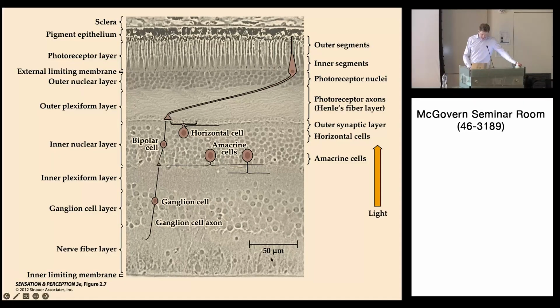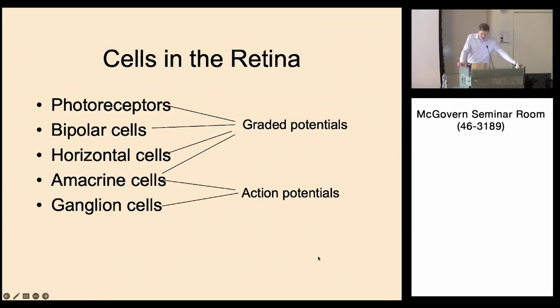But you can see from looking at this that there's a bunch of different types of cells within the retina. Lots of people have devoted their entire career to understanding these cells and their connections and their function. For the purposes of this class, the main thing you should be aware of is there's 5 main classes of cells. There's the photoreceptors, which absorb photons and generate a voltage.